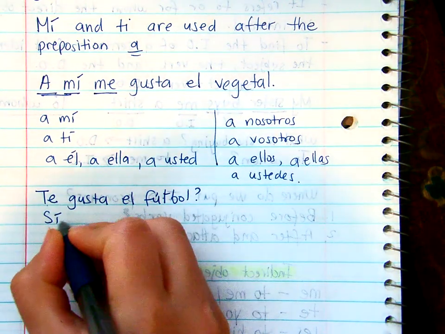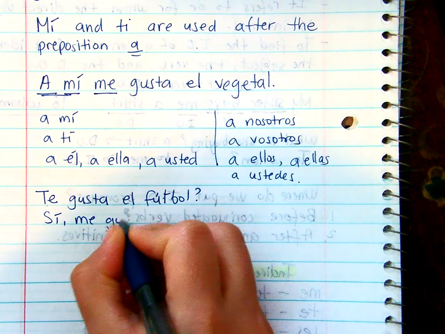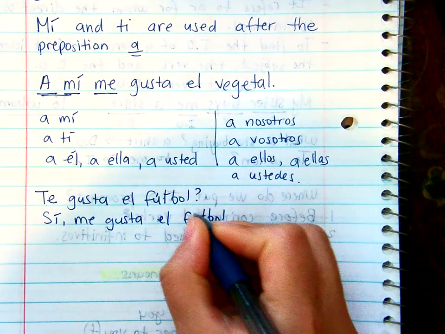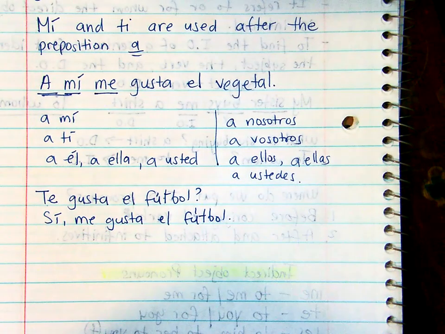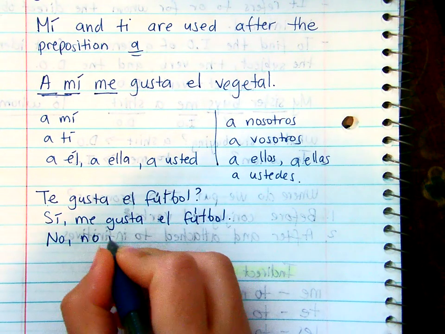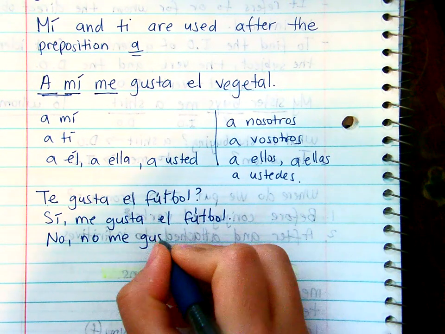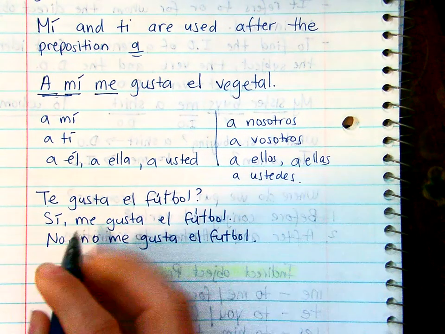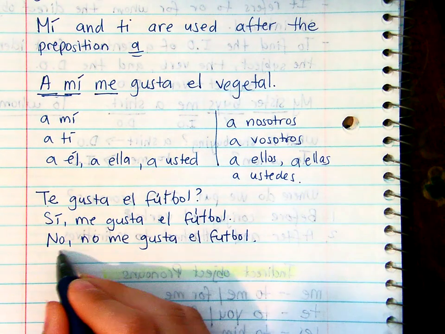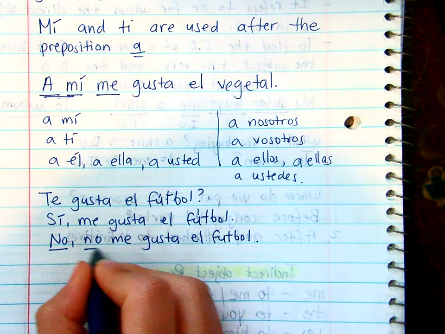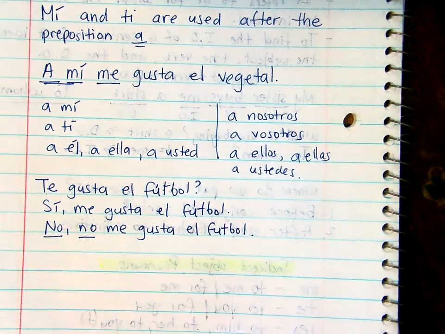You say, sí, me gusta el fútbol. Yes, I like football. So you have to say the yes. Say you don't like it. No, no me gusta el fútbol. No, I don't like football. So you have to have these two no's. No, no me gusta el fútbol.